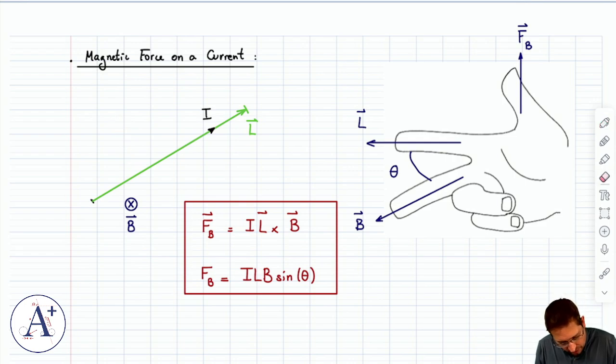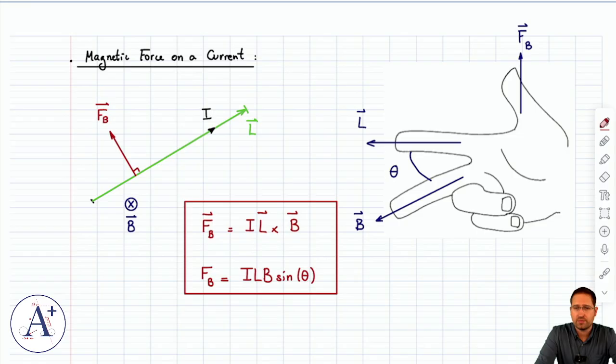No. Remember that FB has to be perpendicular both to L and B at the same time. So it's going to be in this direction, very specifically, perpendicular to L. Okay? So that will be the force acting on the current.